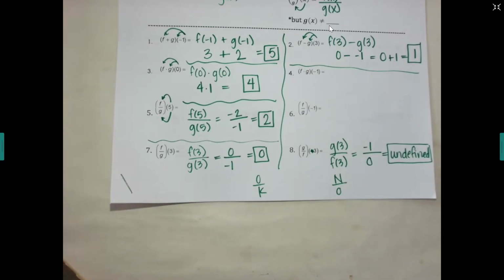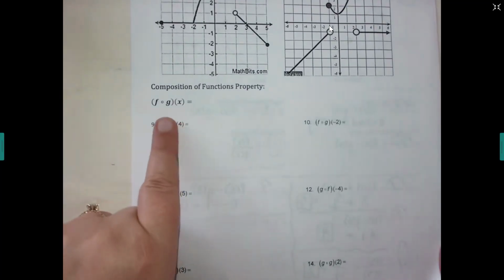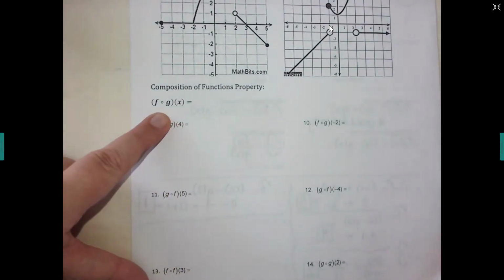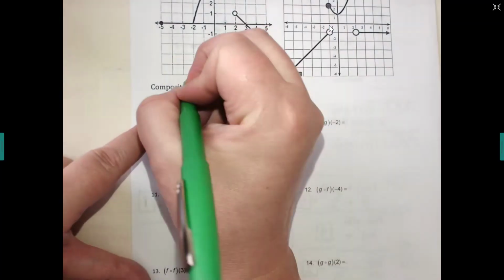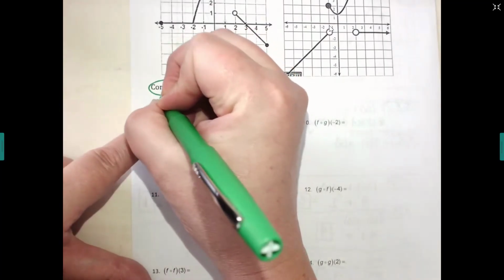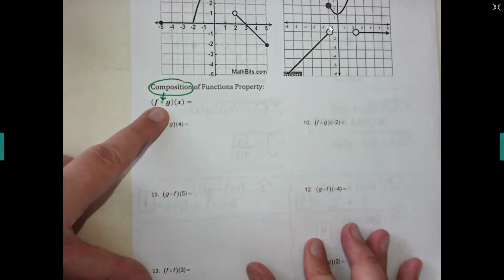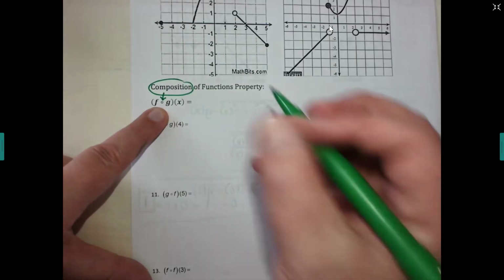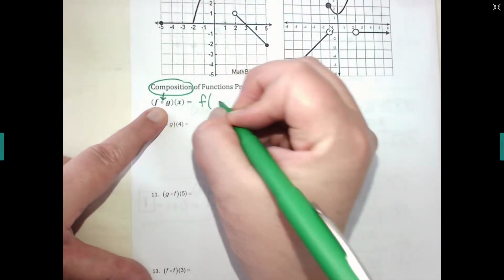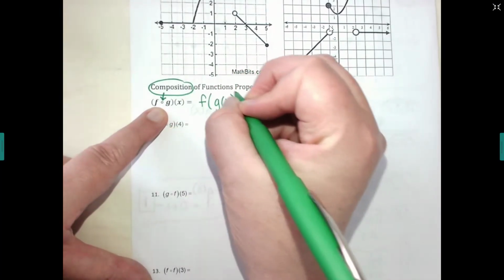Okay, the last operation you have to know how to do. So we covered plus, minus, times, divide. Now comes composition, which is this little o. Now notice this is an open circle, so it's not a multiply dot. This is the composition circle, that symbol right there. And what a composition is that you're going to find f of g of x.